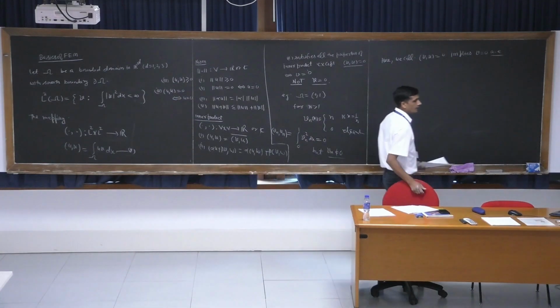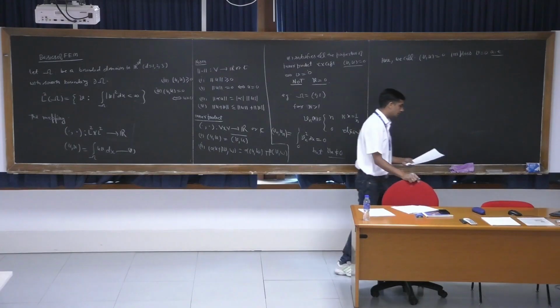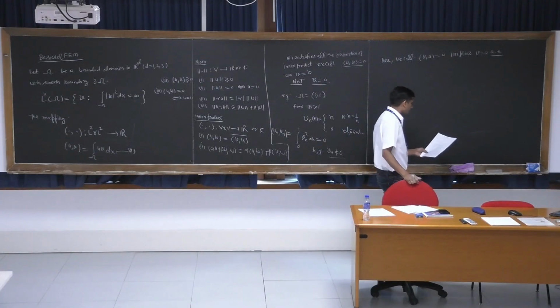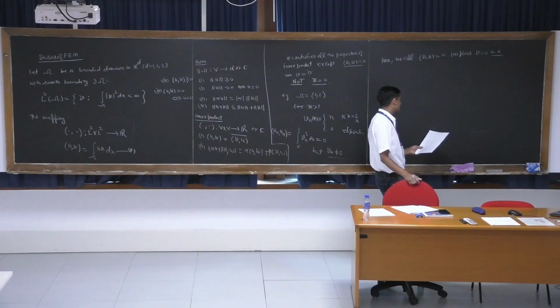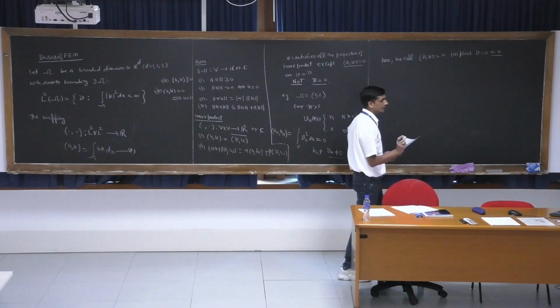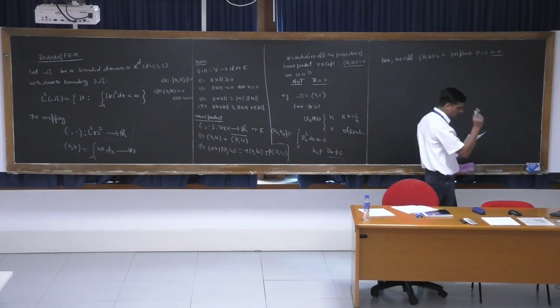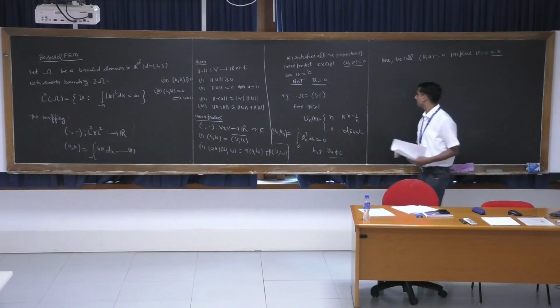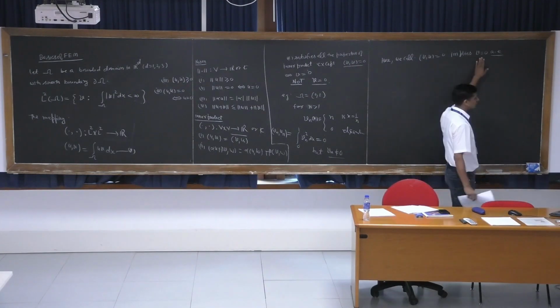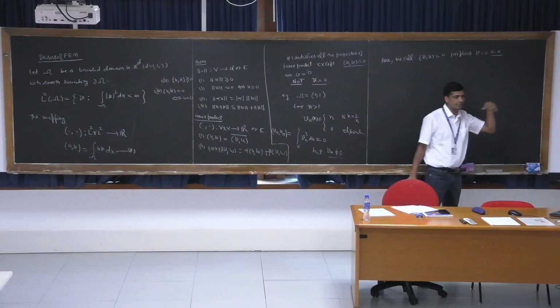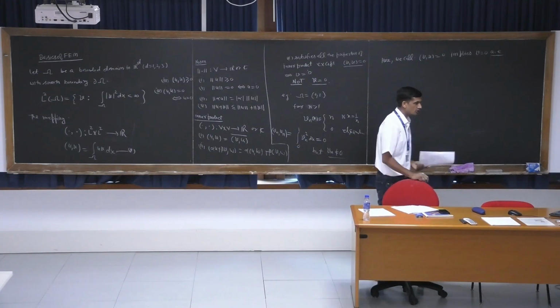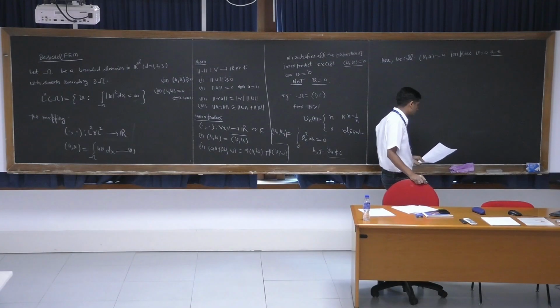Almost everywhere means where this doesn't happen, the measure of that set will be 0. Means where this is not equal to 0, the measure of that set will be 0.